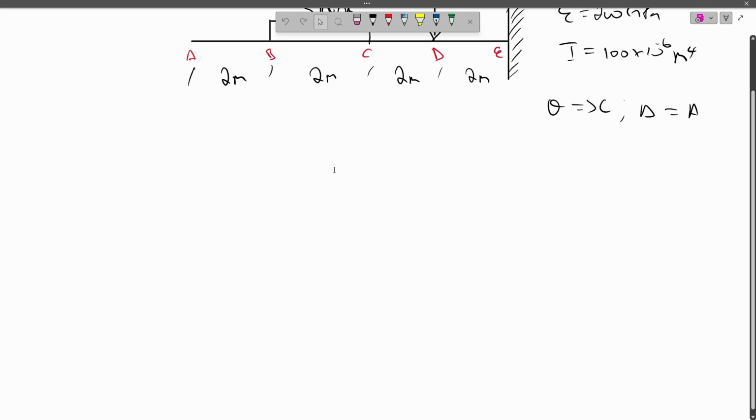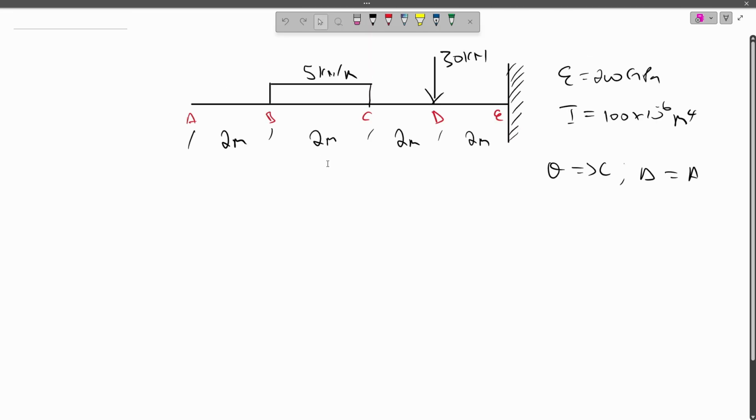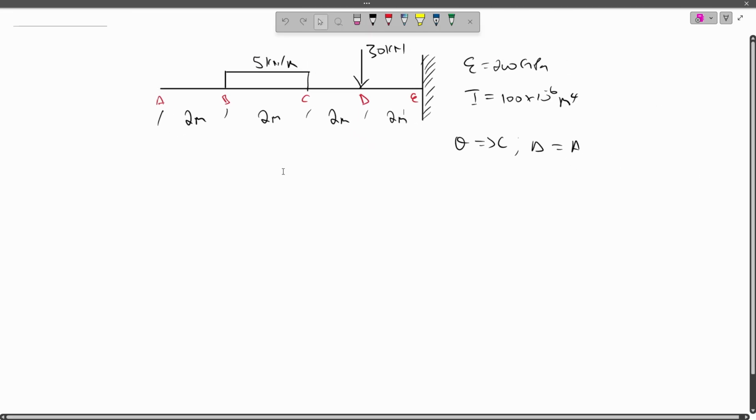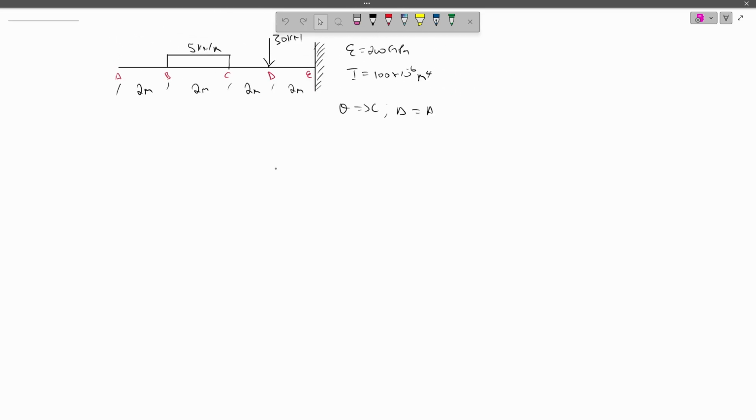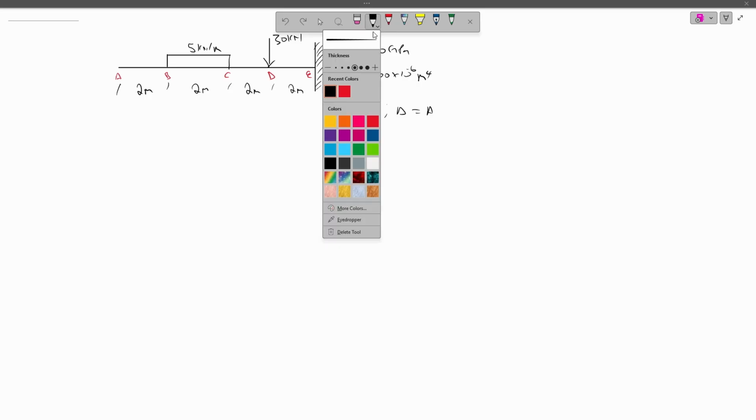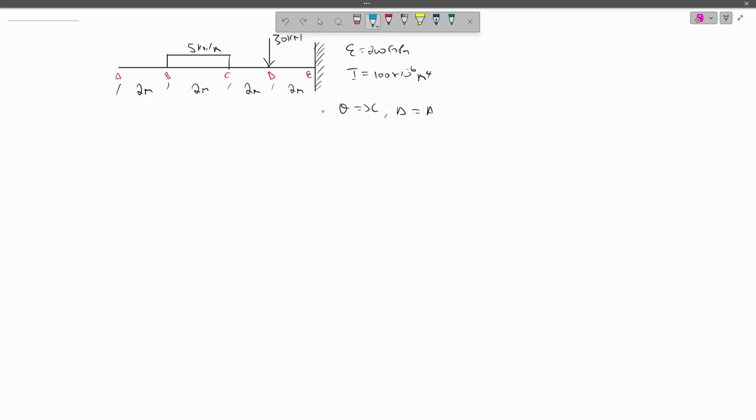The first thing we'll do is separate our beams. Let me zoom out a little bit.